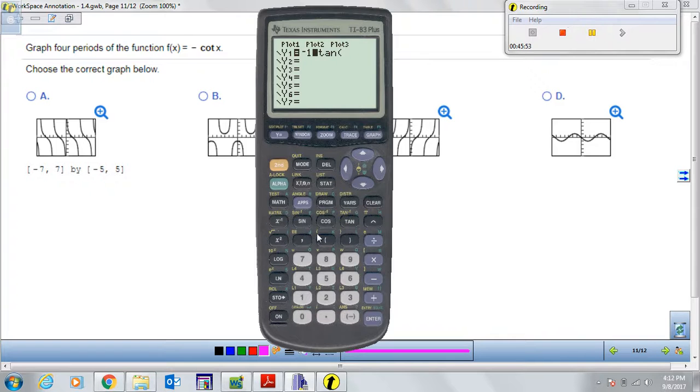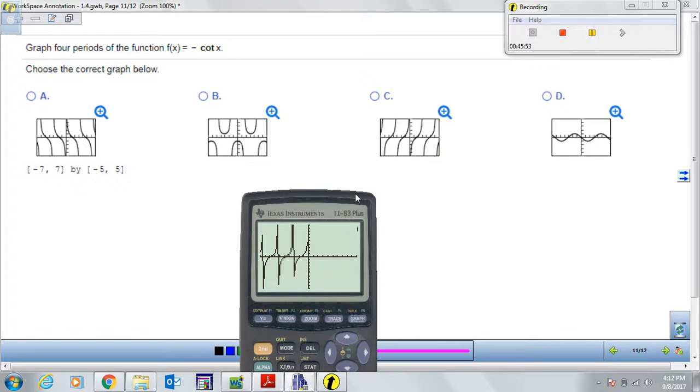Let me put a parenthesis around this. Negative, parenthesis, 1 over tangent is the same as cotangent because it's the reciprocal of it. Make sure you put the negative at the front of the parenthesis of 1 over tangent, if not, it may not graph the exact same thing. So negative parenthesis 1 over tangent x, which is supposed to be the same thing as cotangent x. You close the parenthesis for the x and you close the other one that we opened at the beginning. When you graph it, this is what you see, which is not bad for a graph.